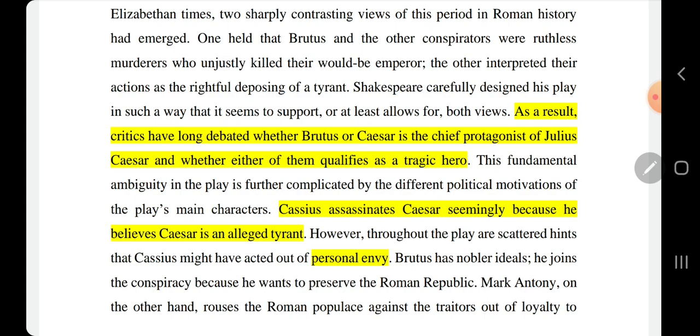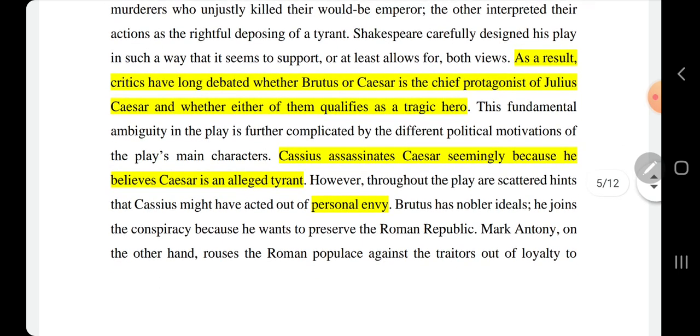So there is a debate regarding whether the protagonist, the hero of the play, is Caesar himself or Brutus. So which one of them qualifies as a tragic hero? We will have a discussion about this later when we come to our play.